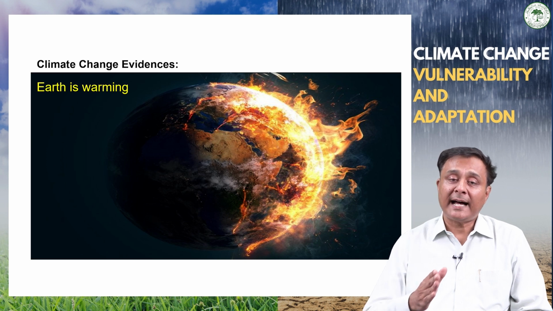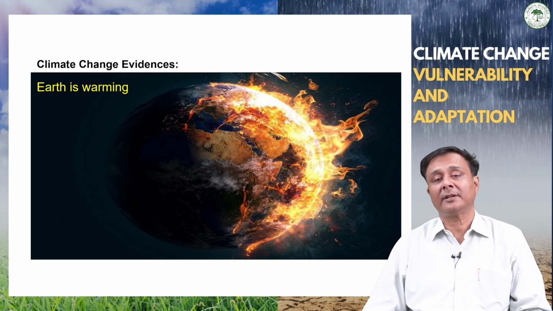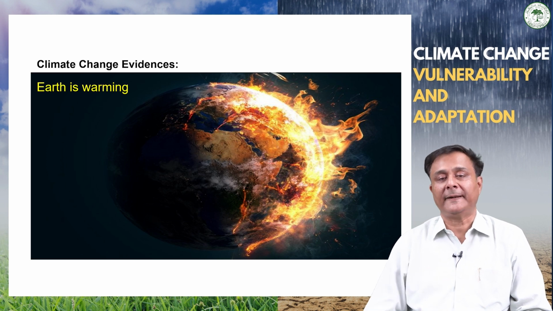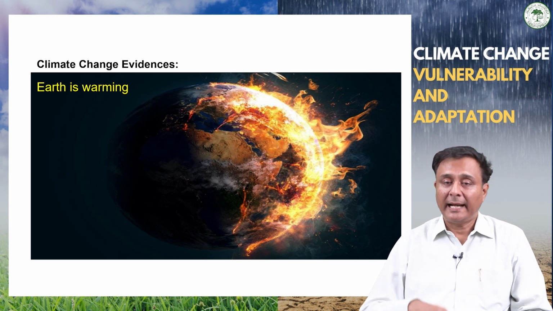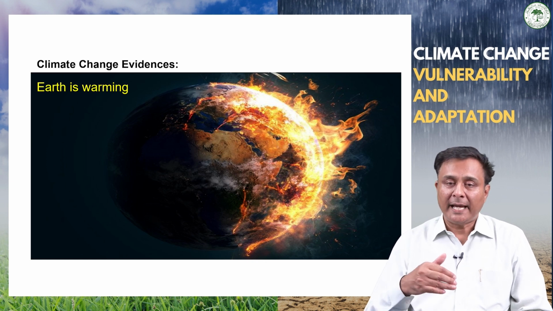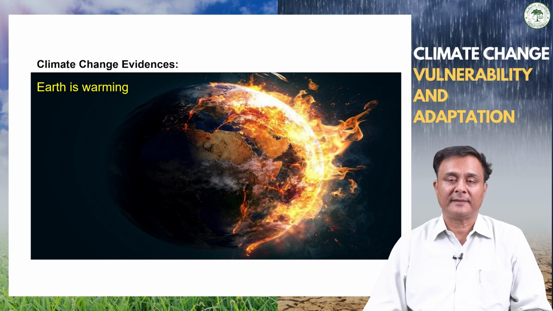With the end of the last ice age about 11,700 years ago, this was the beginning of the modern climate era. And this period of 11,700 years can also be called the era of human civilization. Human beings came into existence in this particular era after the last ice age.